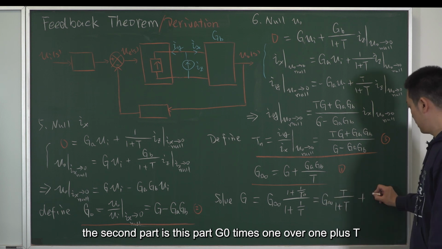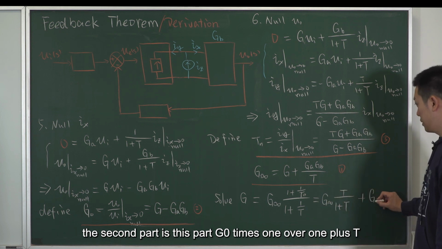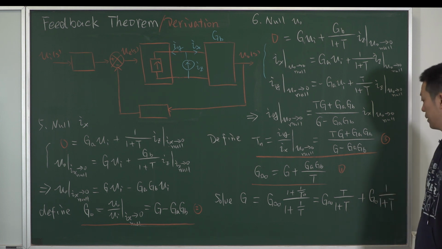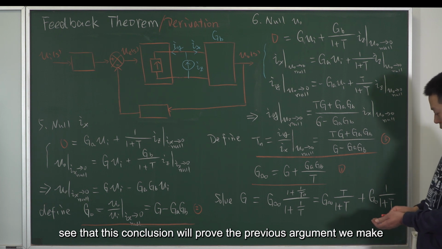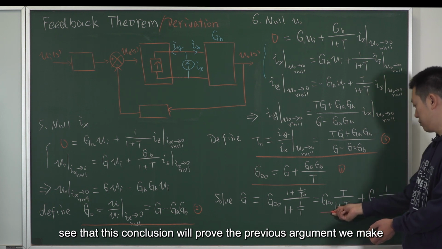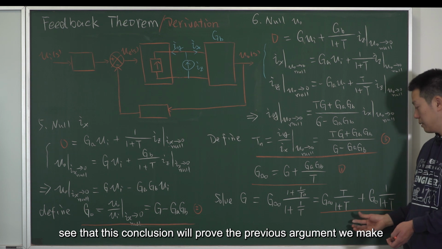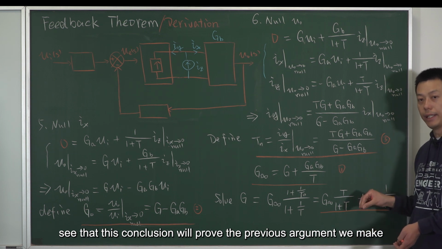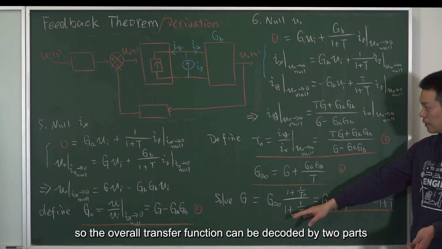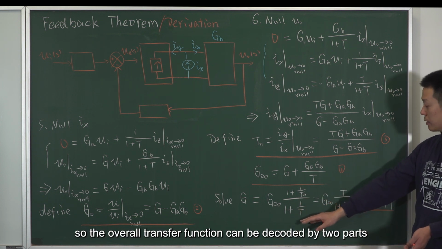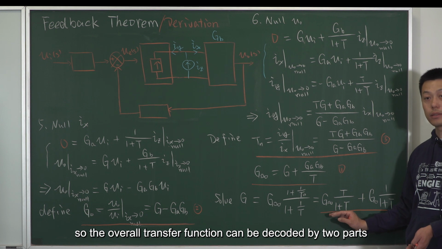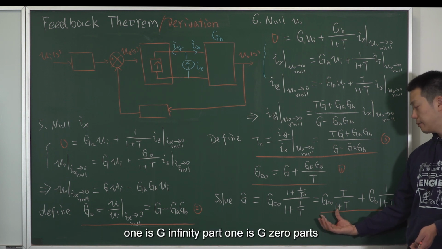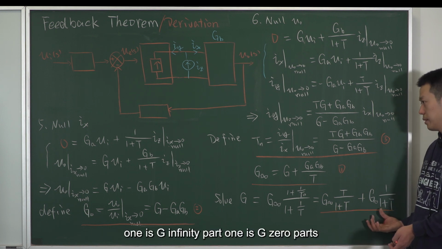This part is G0 times 1 over 1 plus T. See that this conclusion will prove the previous argument we made, right? So the overall transfer function can be decomposed into two parts. One is the G infinity part, one is the G0 part.